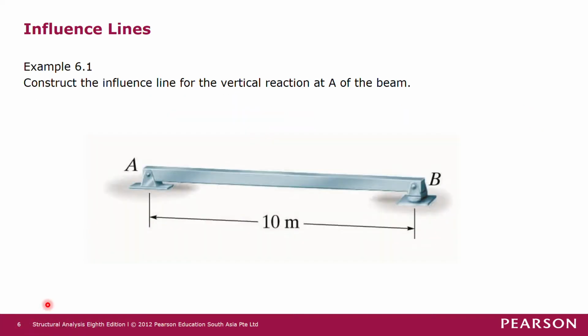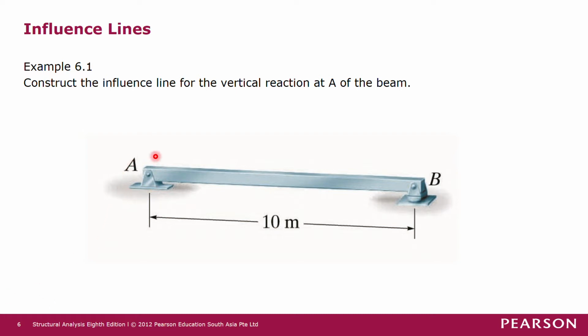So with all the previous description, probably you're still not clear on how to apply all the methods in drawing influence lines. So that's why I'm giving you an example here. In this case, you're asked to construct the influence line for the vertical reaction at A of the beam.